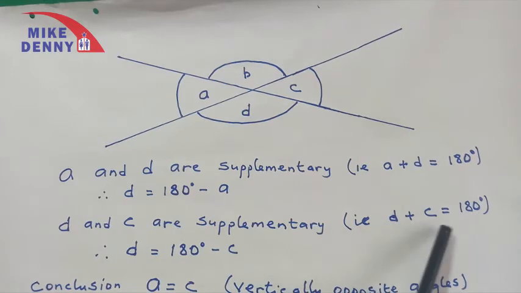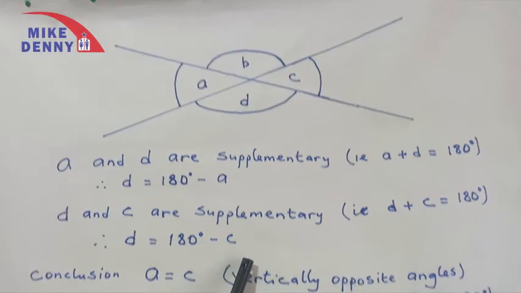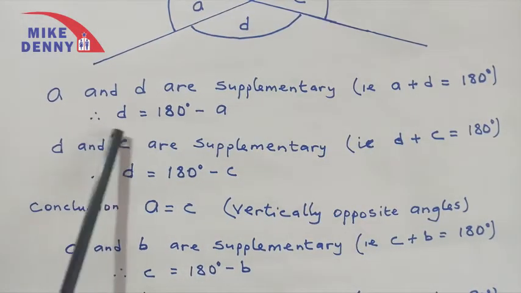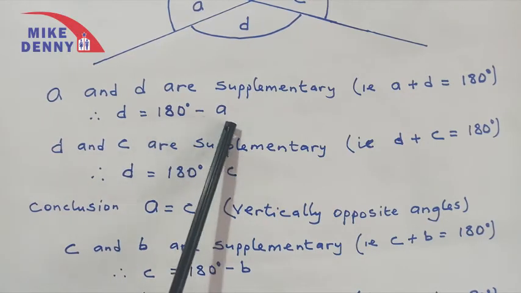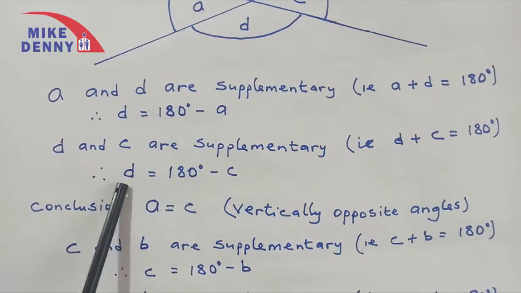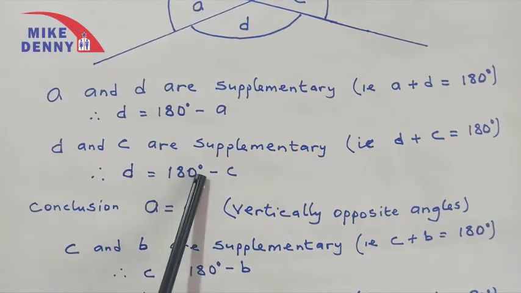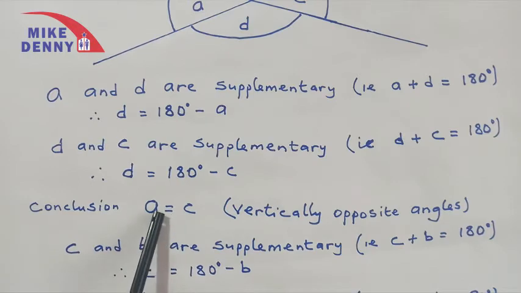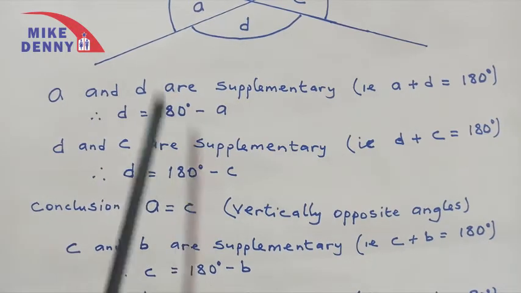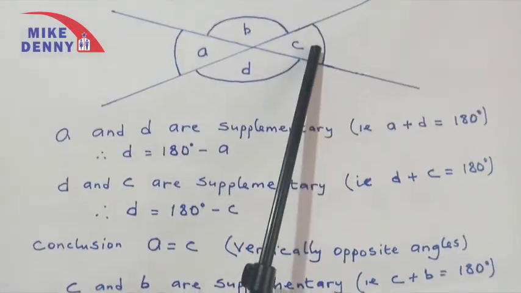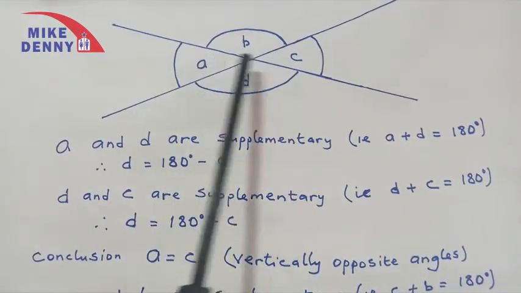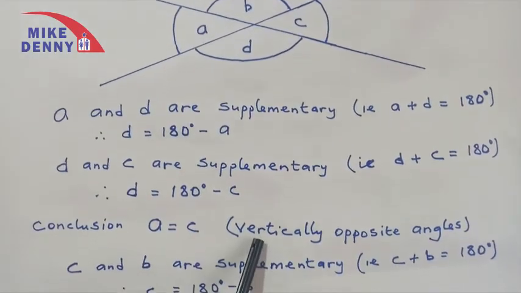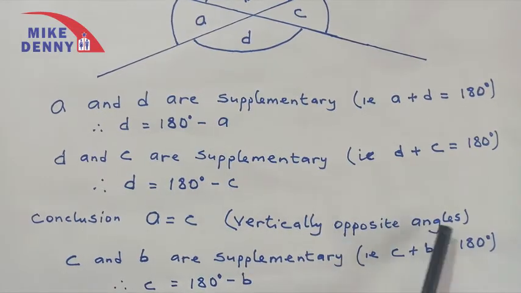And if D plus C equals 180 degrees, it means D equals 180 degrees minus C. If D equals 180 degrees minus A, and the same D equals 180 degrees minus C, the conclusion will be that A is the same as C. We describe this kind of angles as vertically opposite angles.